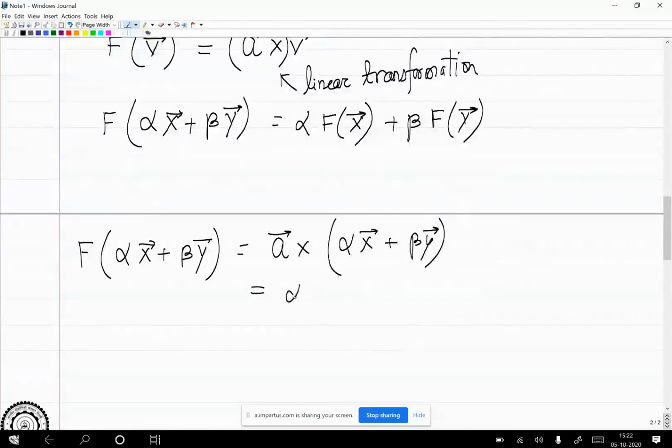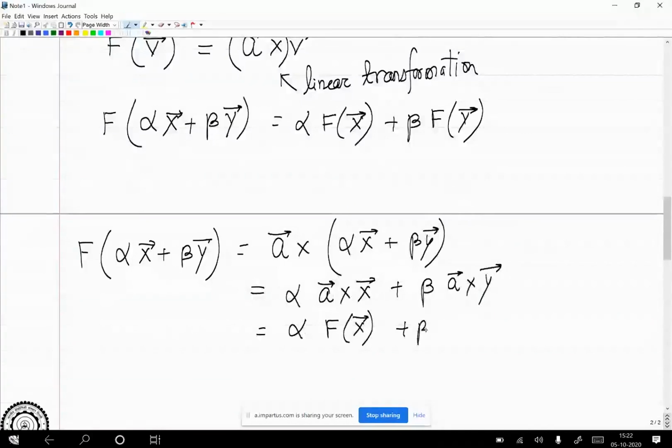But this is also equal to alpha times a cross x plus beta times a cross y, which is also equal to alpha times f of x plus beta times f of y, isn't it? Which is the linearity property. If you're not following, please ask me. If you have any, even a minute doubt, please ask me.